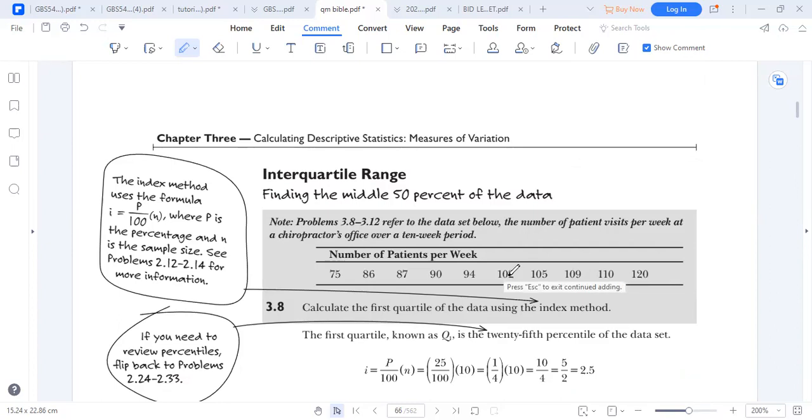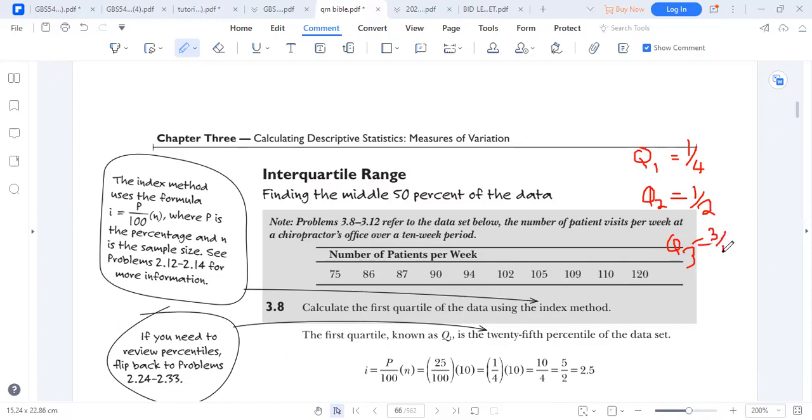Then we have what are called quartiles. Using our index method, we have 3 quartiles. We have the first quartile, which is the 25th percentile, or a quarter. We have the second quartile, which is the 50th percentile, or half. We have the third quartile, which is the 75th percentile, or 3/4.